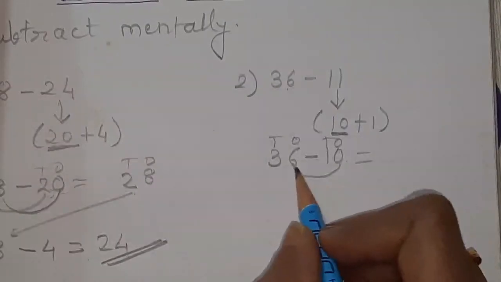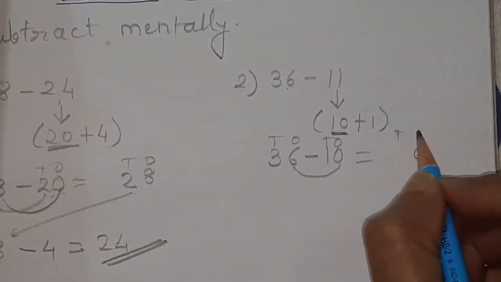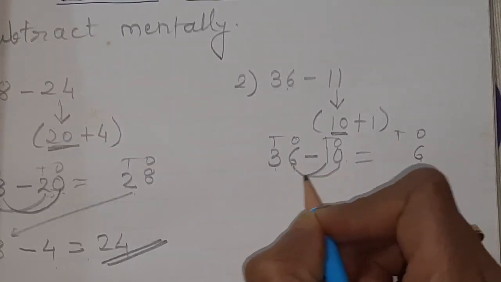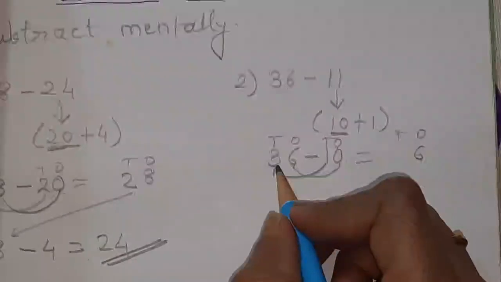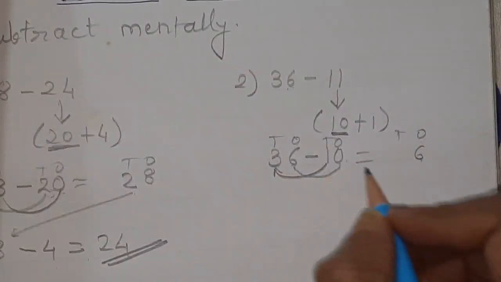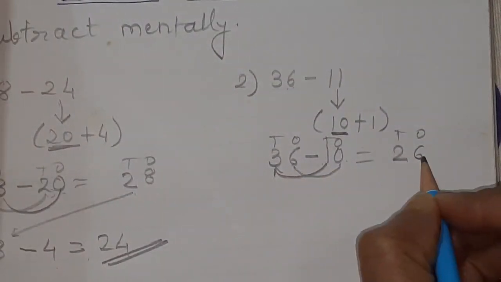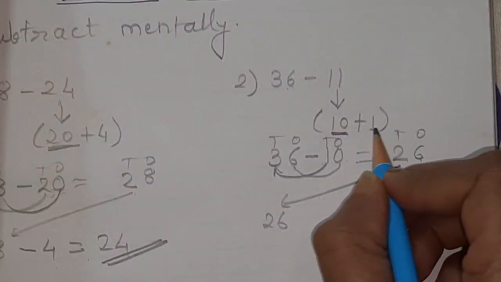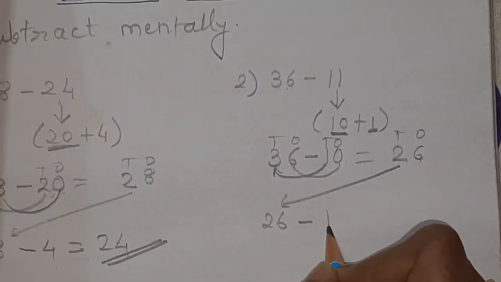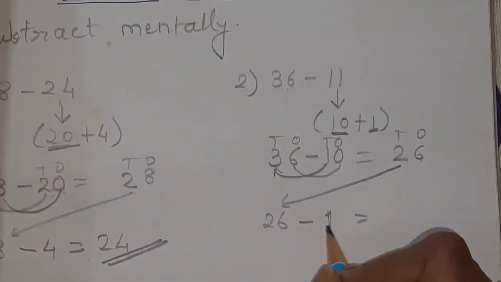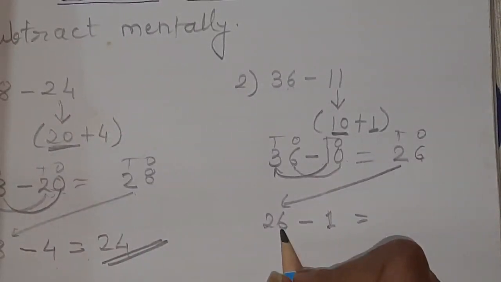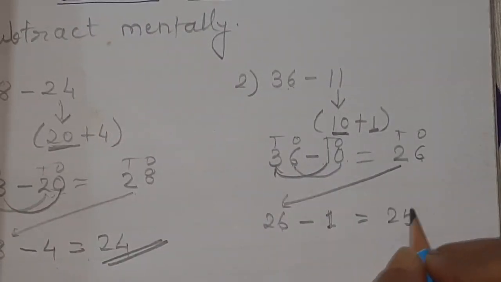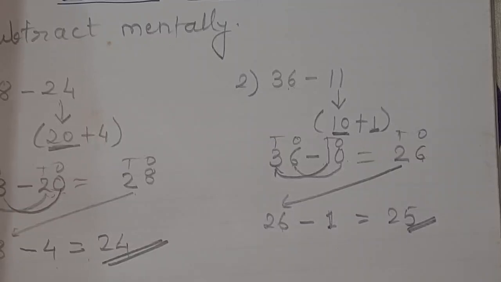So what answer will come? 6 will come as the answer in ones column. Now cut 1 from 3. So 3 fingers open, cut 1, you will get 2. Here is 26. Now 26 we have to take first and subtract the second number, minus 1. So when we are subtracting one number, we are counting backward. So 25. This is our answer.